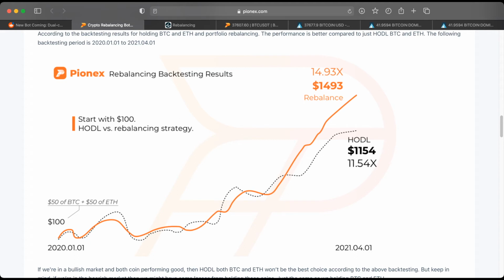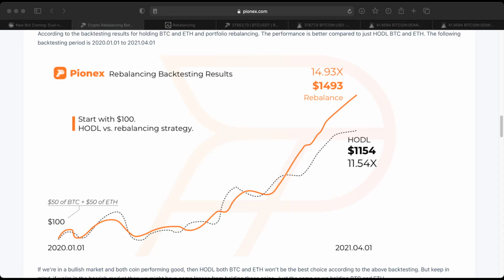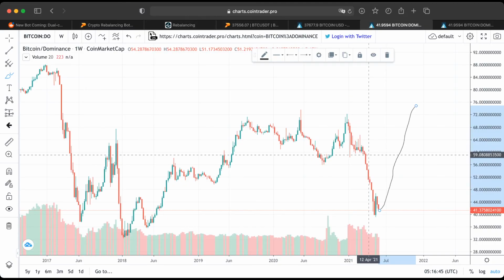They have given this example. If you had started with $100 of BTC and Ethereum in January 2020, and you just hold these coins in your wallet for this long, which is I think 16 months, it's 11.54x. But if you held it with this rebalancing bot, you would have 14.93 times, which is I think 20 to 30% more. So I think it is better to hold your coins with rebalancing bots, because we have these cycles in the crypto market, and we want to play these cycles.